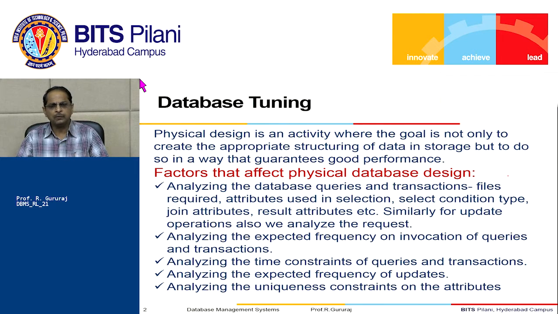Then we also need to understand the frequency of executing these queries and transactions, and the time constraints associated with the queries and transactions. That means, are there any time constraints, such as what should be the response time for this kind of query or transaction?